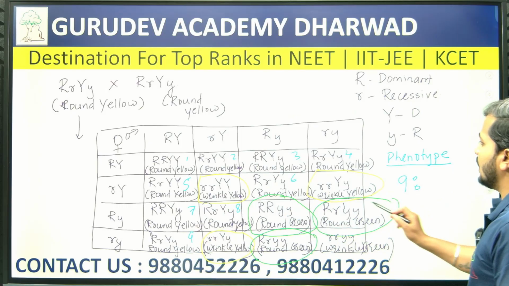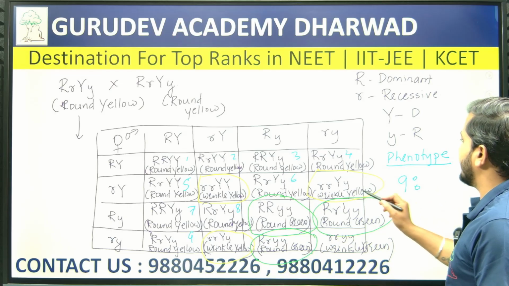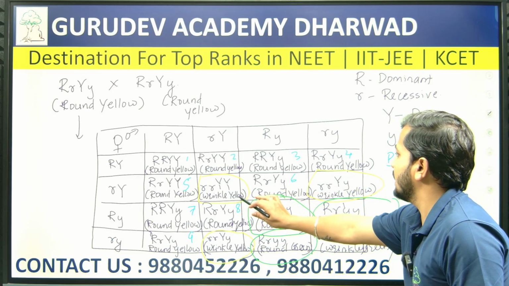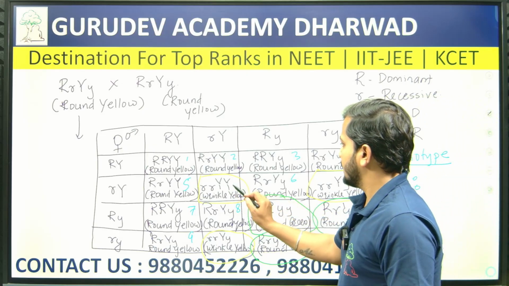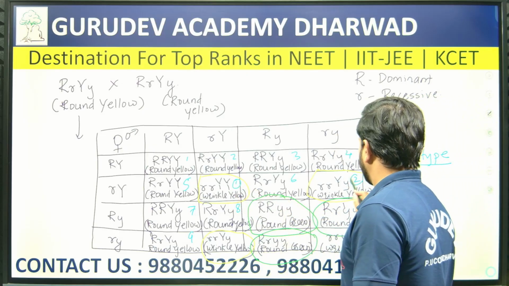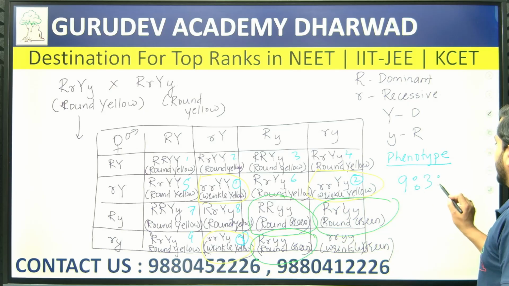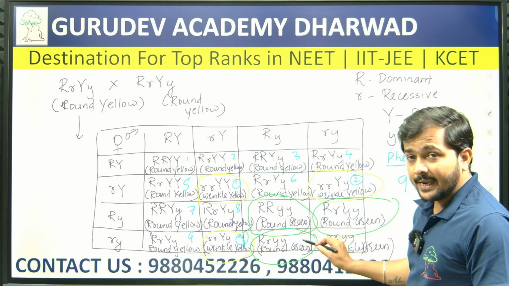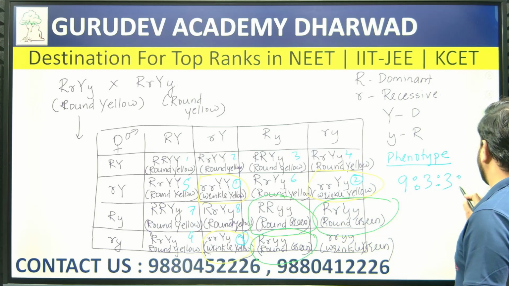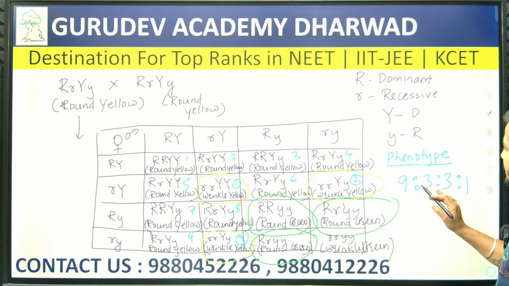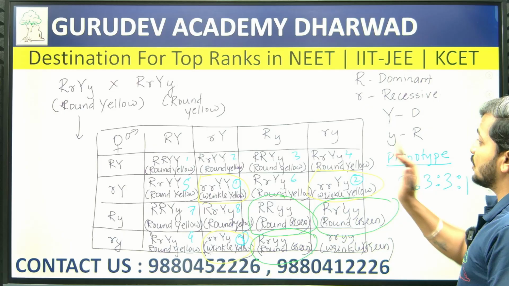Then next consider wrinkle yellow: 1, 2, 3, right? Then the ratio will be 9:3, right? Then again round green is 3, and wrinkle green is lastly 1. So this will be the phenotypic ratio, 9:3:3:1, right?